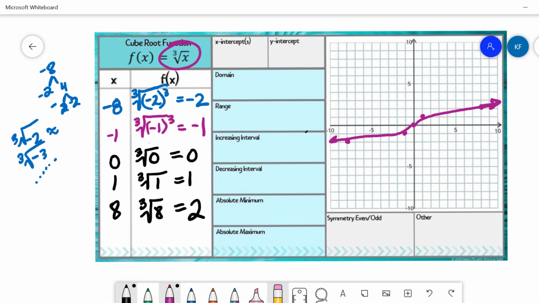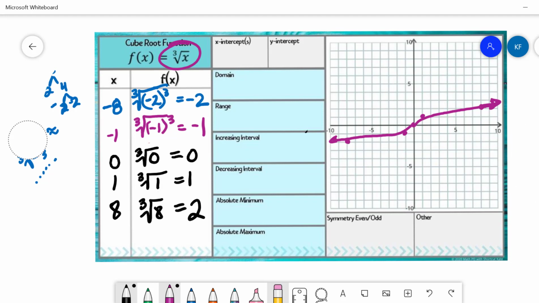I kind of think it looks a little bit like a snake. Now, don't tell me this is the snake function because that's not the name of it. What is the name of this function? It's the cube root function. But if that helps you remember what the shape looks like, that's fine. But you want to always make sure you use the mathematics.